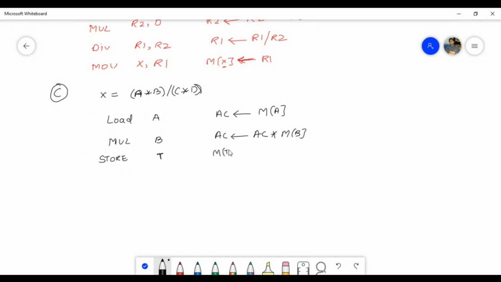We are storing the accumulator in T. Now the accumulator data is transferred to T. That means the temporary register now contains A cross B. Later on we can use this temporary register value.